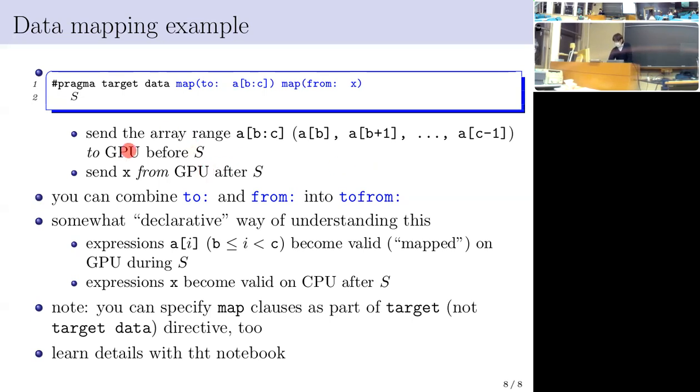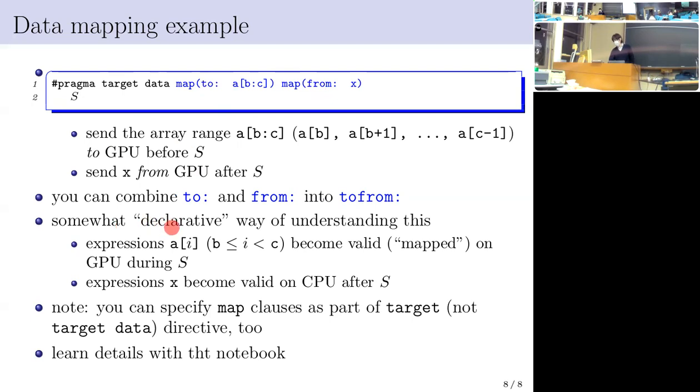Operationally speaking, you can think of these two map clauses as directives saying, I want to send data to GPU, I want to send data from GPU.